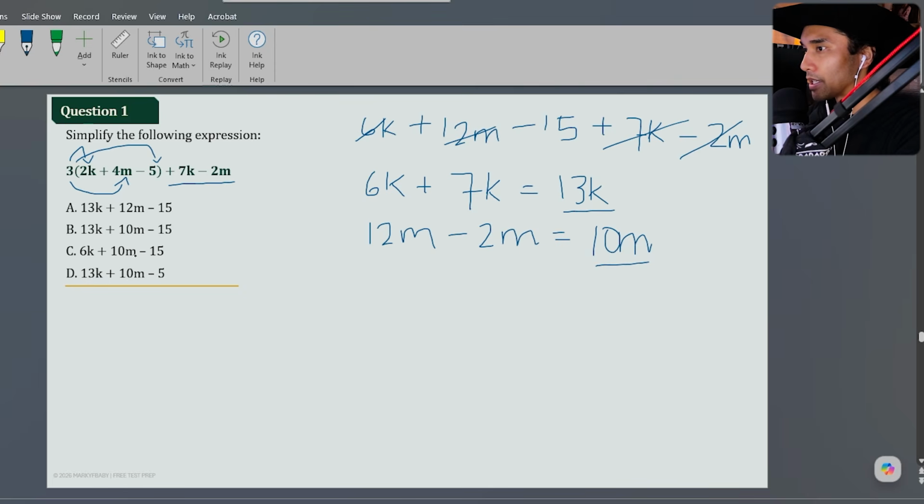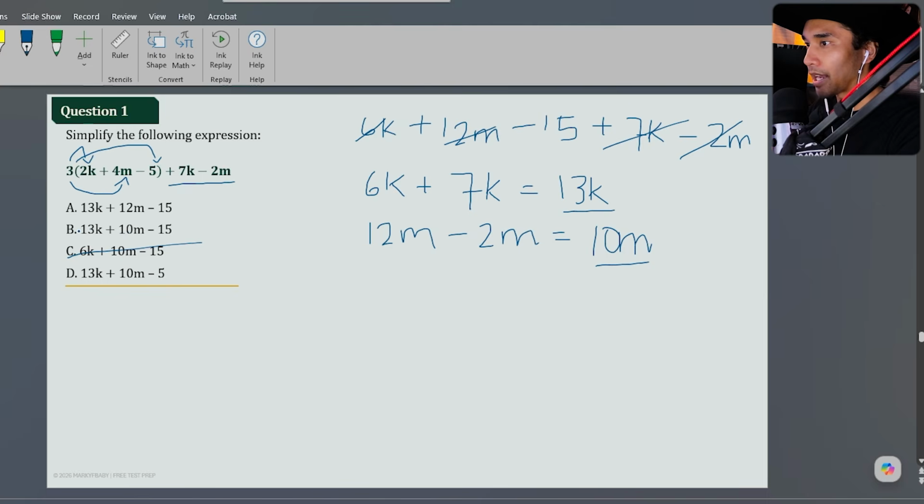The tip here is we could eliminate this right here because this has 6k. The rest have 13k, 13k, 13k, and we have a 13k right here. The next I would look at is the 10m over here. Well, we have 13k, yes, good, but A also has 12m, and that's not 10m.